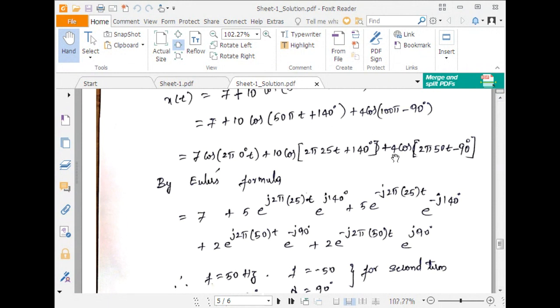It was 100 pi t in the previous one. Sir, we don't have t there. Oh, that is a writing mistake, I forgot to write t. Write it down there.